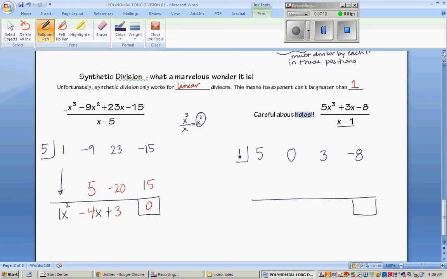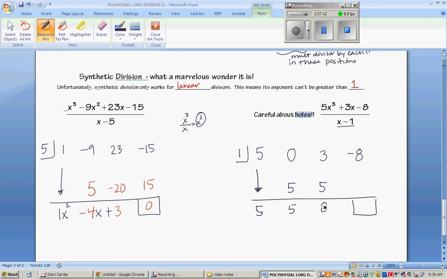If you guessed 1, you were on the right track. We've got this set up. Take a look at what you have written above and decide what we should do first. We're going to bring down the 5. And now we're going to multiply by all of the numbers that are down here. 1 times 5 is 5. Add. 1 times 5 is 5.